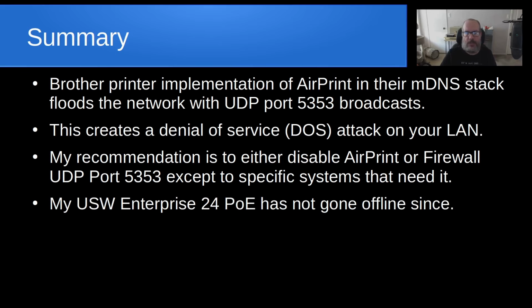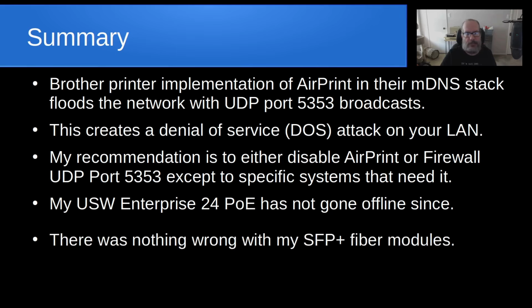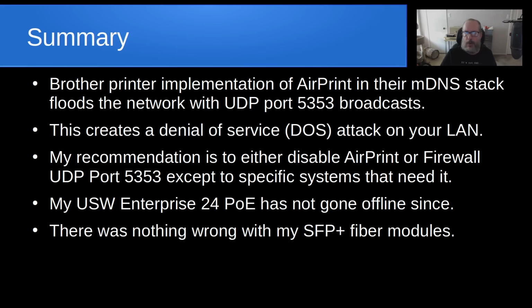So my USW Enterprise 24 PoE has not gone offline since this fix, and I actually waited about a week after I had finished all of this just to make sure I wasn't lying, and sure enough, it's all reliable now. So there was nothing wrong with my SFP Plus fiber modules, and so I guess I have a couple in spare now.